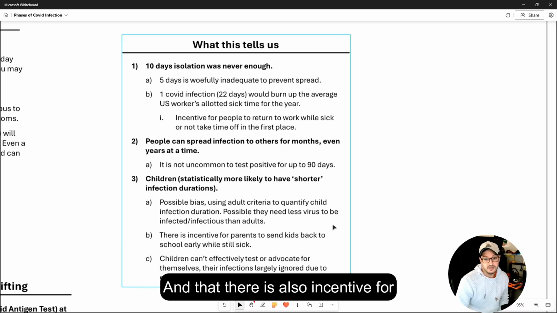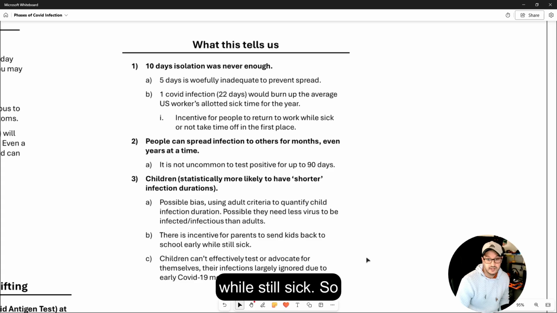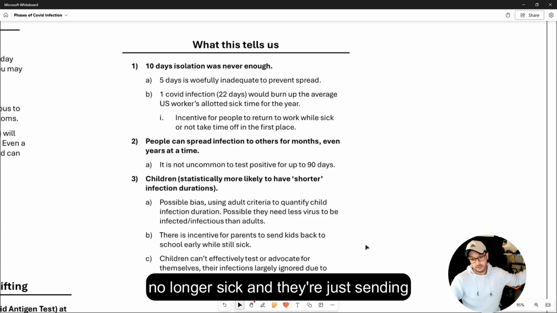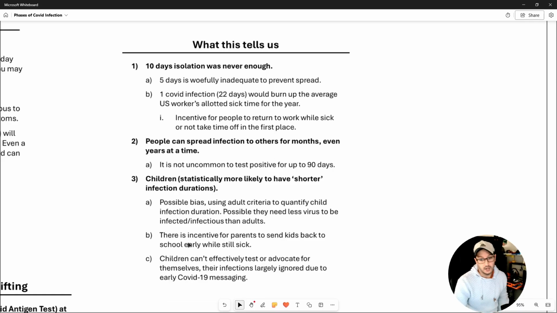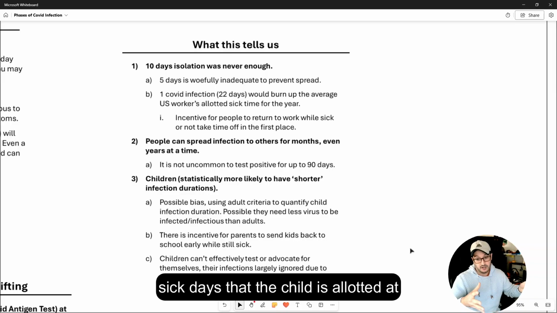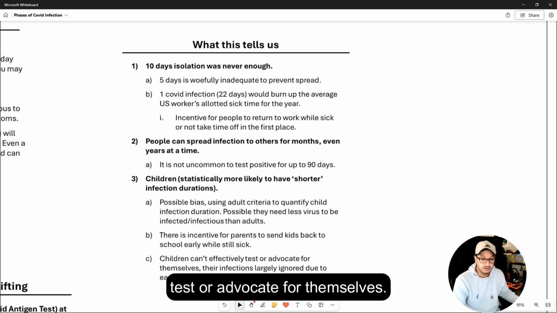And there is also incentive for parents to send kids back to school early while still sick. So there might be bias in the data collection that way, where we're saying, oh, the kid's no longer sick, and they're just sending them to school sick because they can't take time off work. And maybe there's even a max number of sick days that the child is allotted at their school for attendance policies. And then again, children also can't effectively test or advocate for themselves.